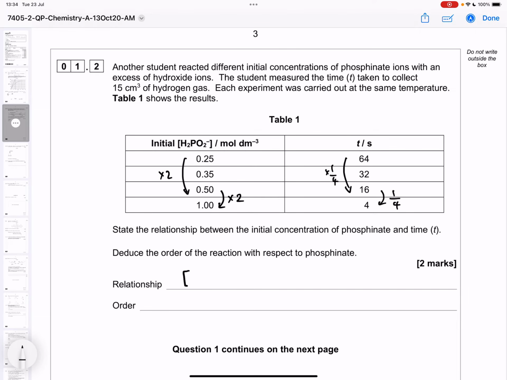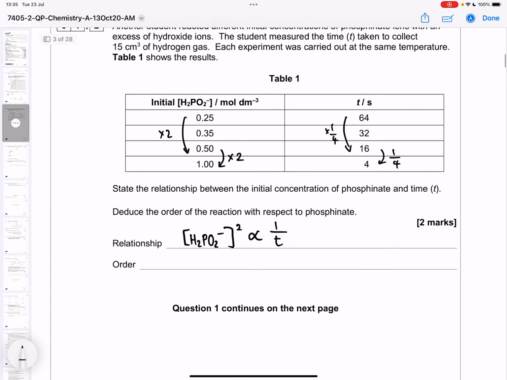So we can say that [H2PO2-] squared is proportional to 1 over time. So 2 squared, the change in the concentrations, so 2 squared is 4, is proportional to 1 over 4, a quarter. Yeah? So that's our relationship.